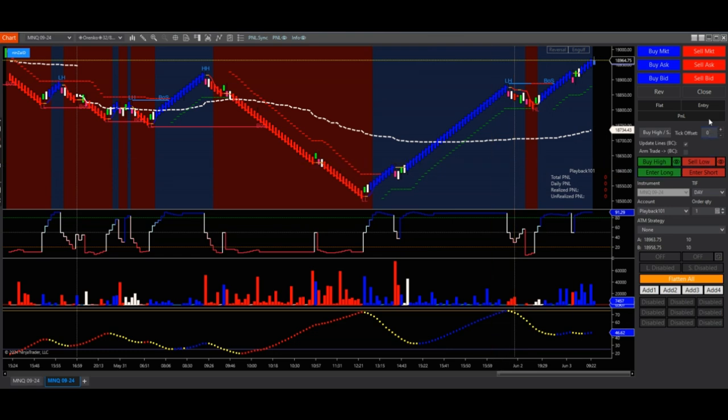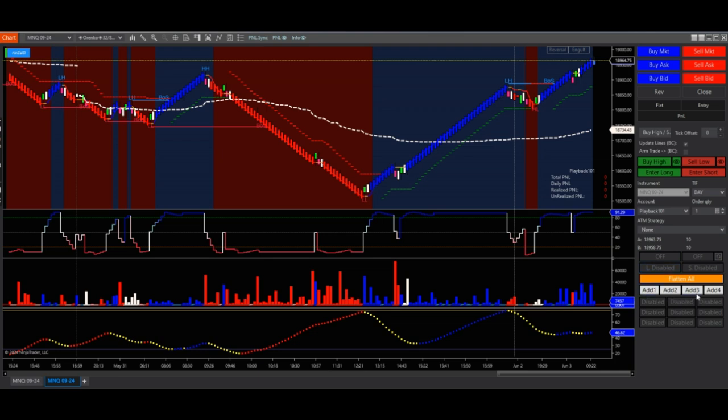On the right side, if you're familiar with the Predator, I use the Predator to manage my trade. I have settings here where I buy high, meaning I don't buy at market. I buy like 1 tick above, a price offset, and then sell low. If I want to enter at market, I just enter long here.